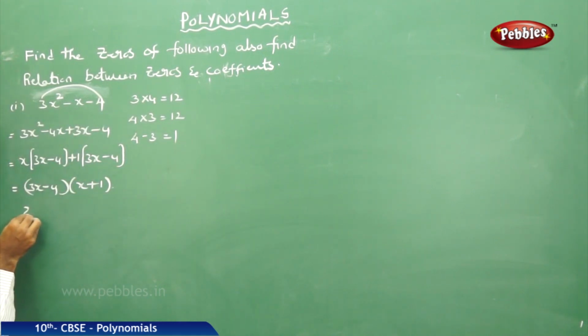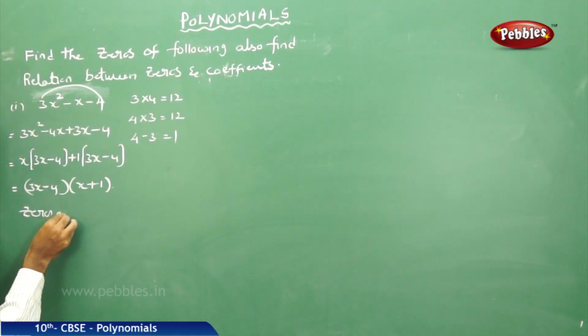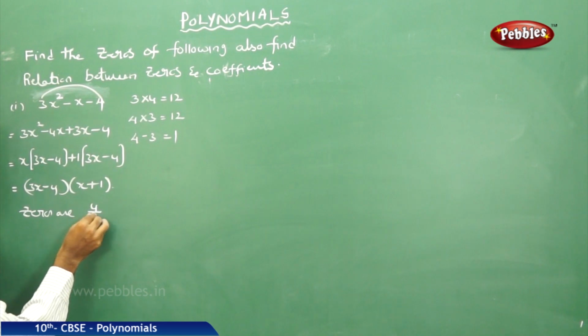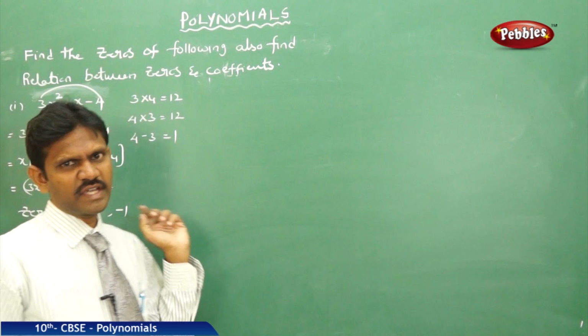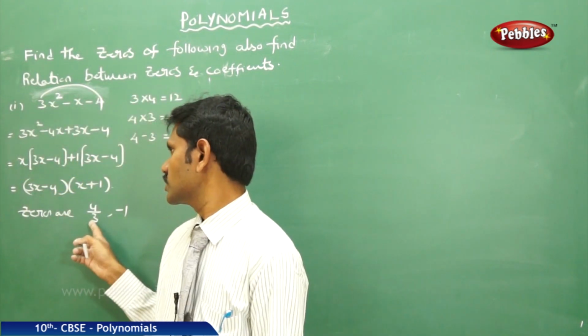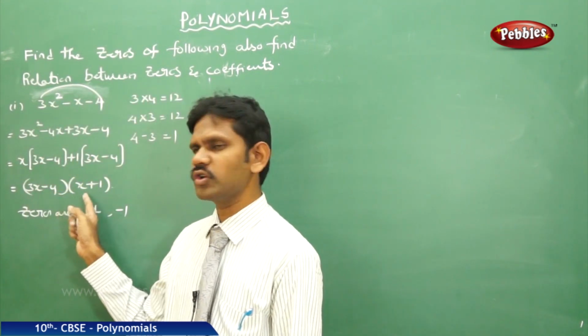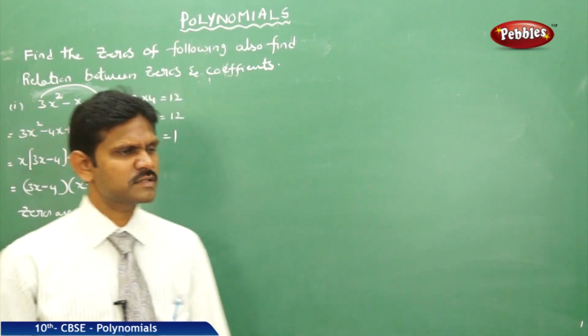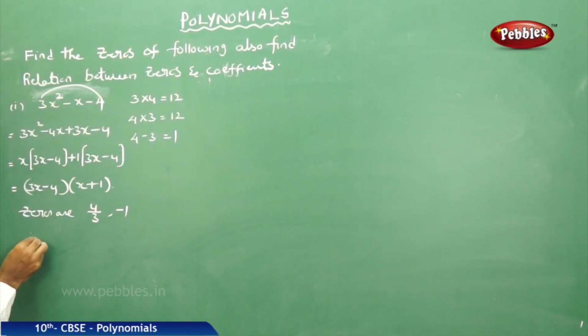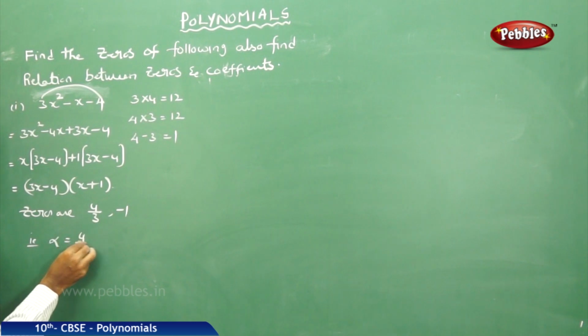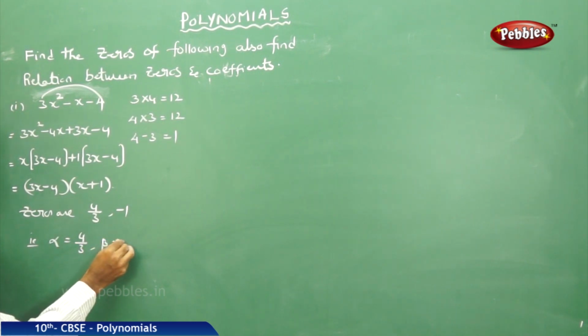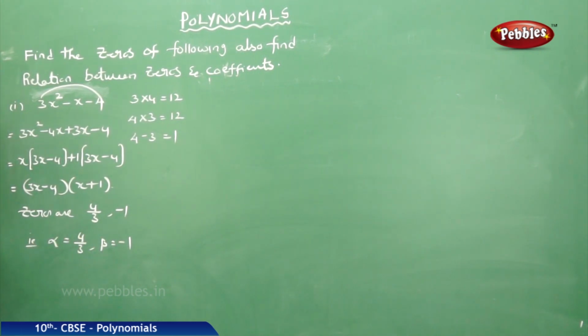Therefore the zero of 3x minus 4 is 4 by 3 and the zero of x plus 1 is minus 1. That is alpha is equal to 4 by 3 and beta is equal to minus 1.